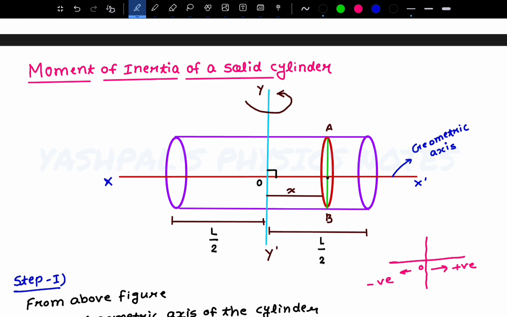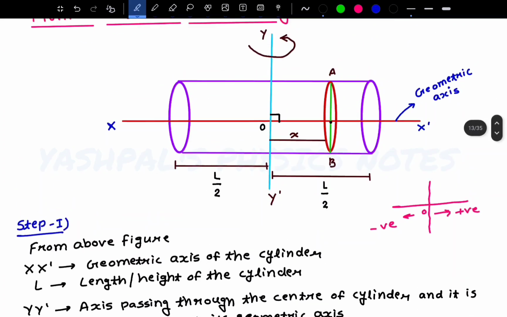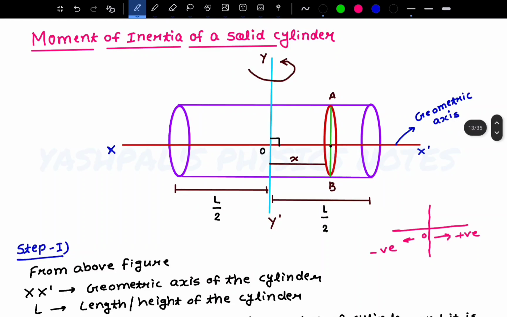If we consider only this half part and multiply it by 2, see here the total length is L. If I consider only this half part, that is L by 2, and multiply it by 2, ultimately I am going to get the total length L of the cylinder.